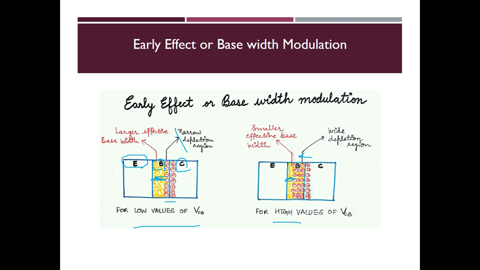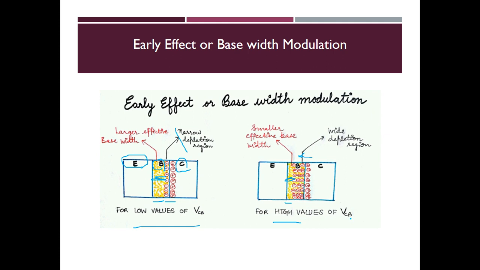Here you have the base width up to this region, whereas here the base width is reduced if we increase the collector base junction voltage. That is, the effective base, where we have a surplus amount of free charge carriers in movement, is being reduced, being modulated, being changed if I keep on increasing the collector base output junction voltage.